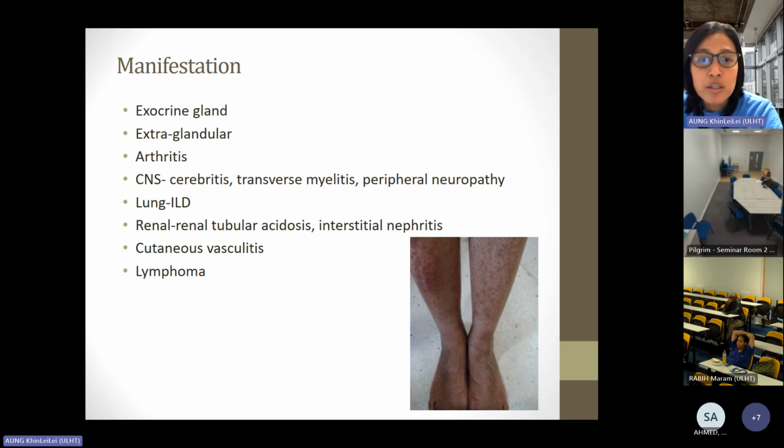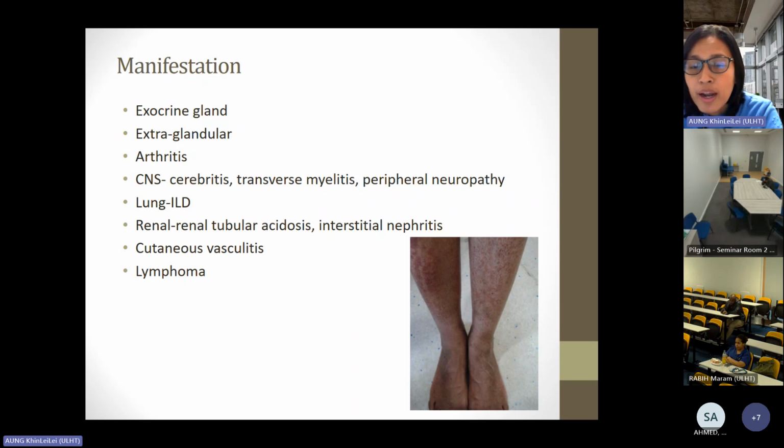So the manifestations: exocrine gland involvement, parotid gland swelling, and extraglandular involvement: arthritis, nervous system involvement, interstitial lung disease, and renal tubular acidosis, where the patient can present with severe hypokalemia. You can see such a scenario in the MRCP2 exam.